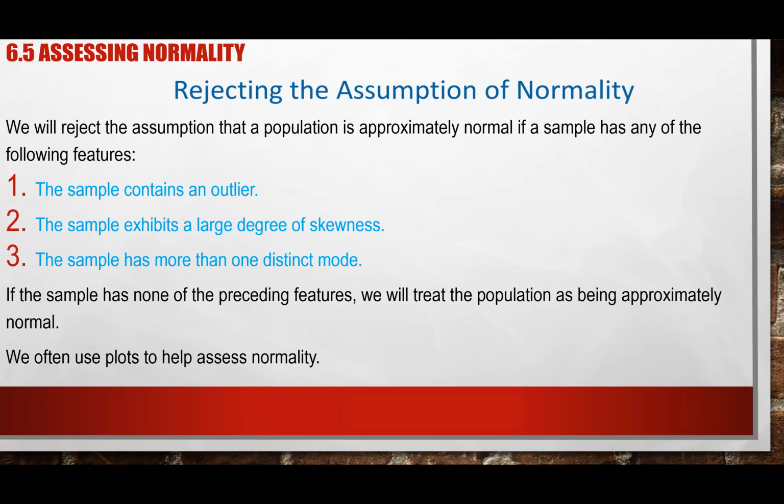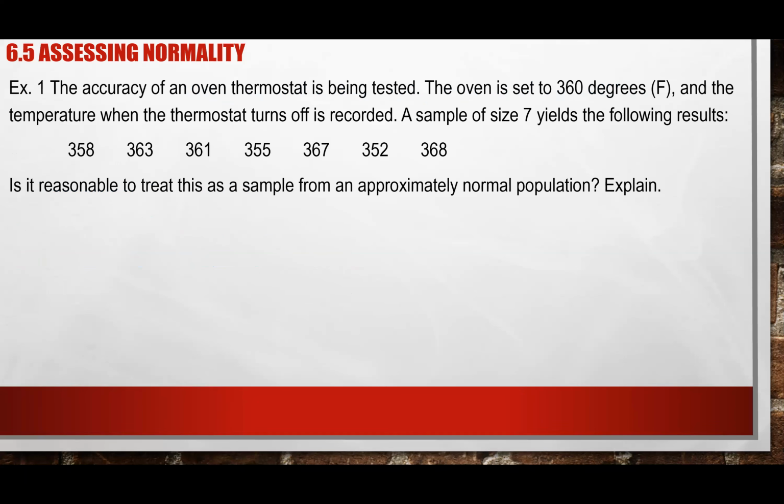If there's some skew to the left or skew to the right, we cannot do it. If they have more than one mode, we cannot do it. That's all they tell you: if they give you this data, can we use the normal approximation to do this?